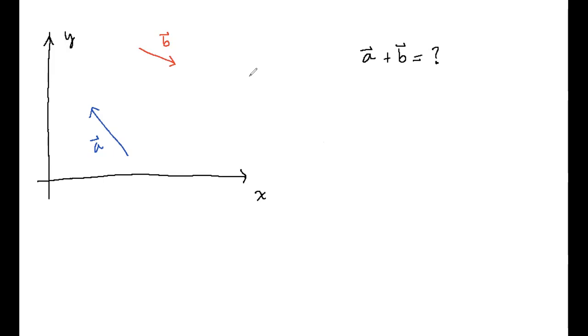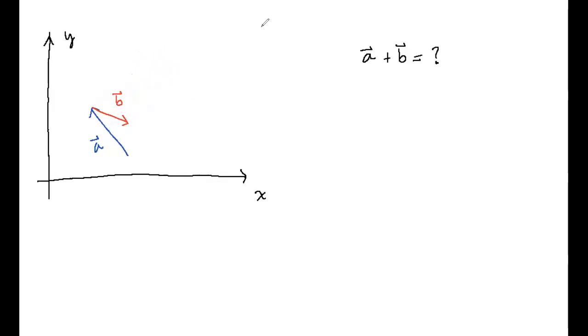As I said in a previous lecture, when you want to add 2 vectors together, you add them head to tail. I may also have mentioned that vectors are portable. You can pick them up and move them around as you see fit. So I'm going to pick up vector B and move it so that its tail is in contact with the head of vector A, like that.